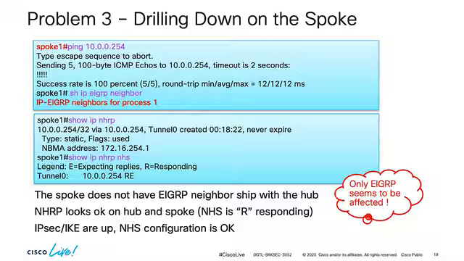So what we need to think at this point is what within NHRP or within DMVPN is related to EIGRP or any routing protocol.